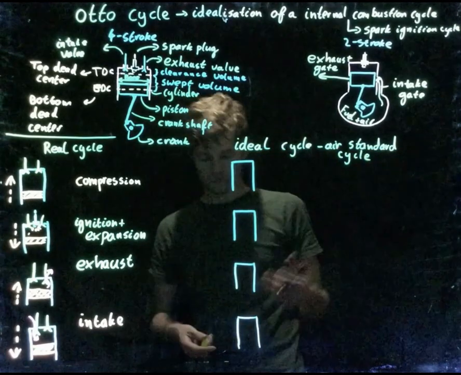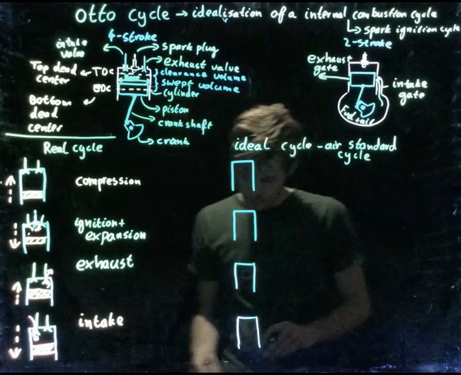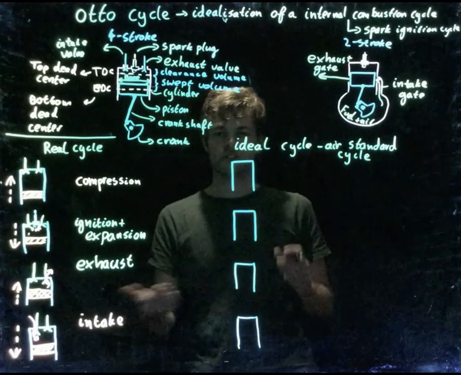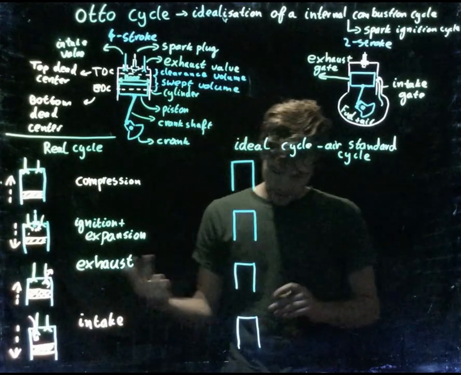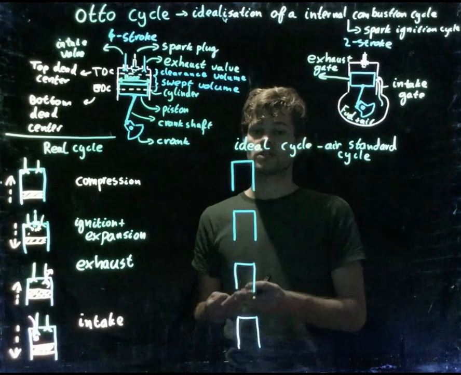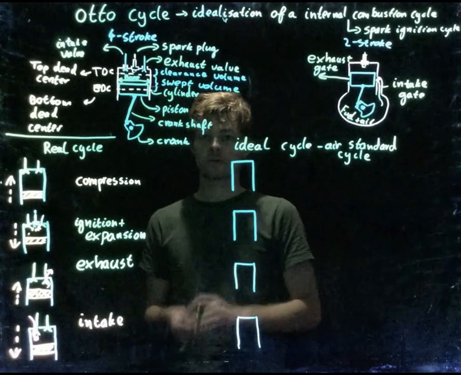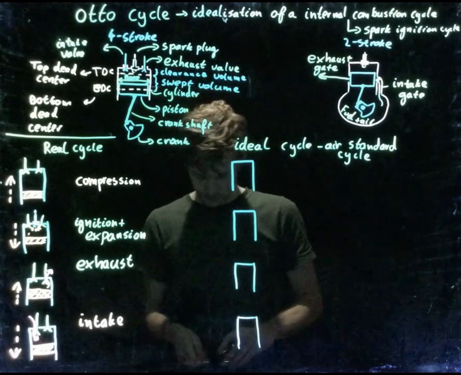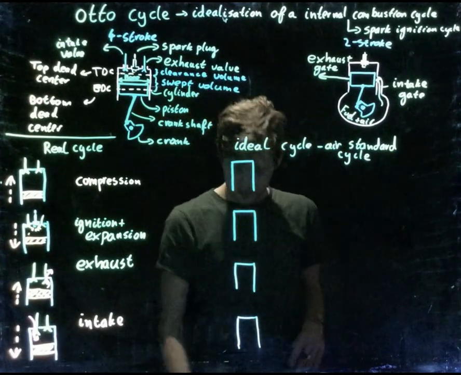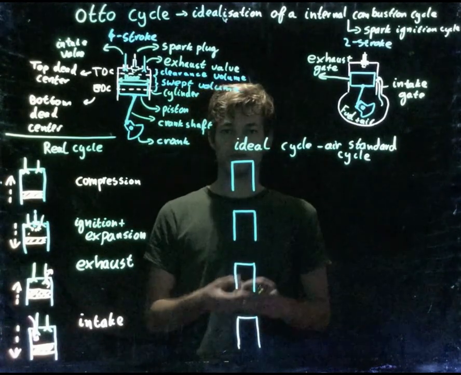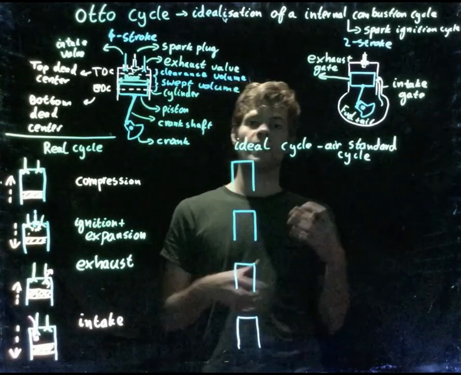And to describe this cycle, we need to do a couple of assumptions. So there is no difference in kinetic energy and potential energy. Actually, two processes are completely isentropic. Two processes are completely isochoric, so constant volume.